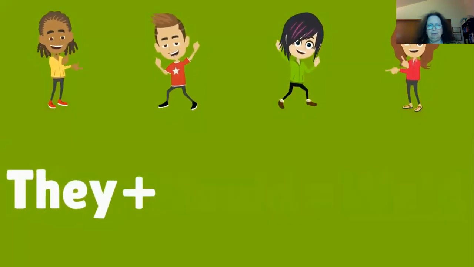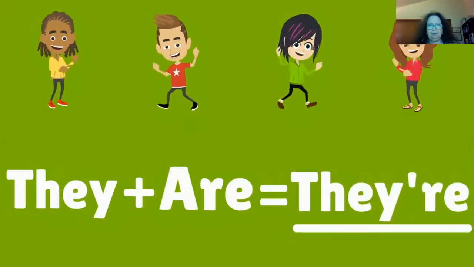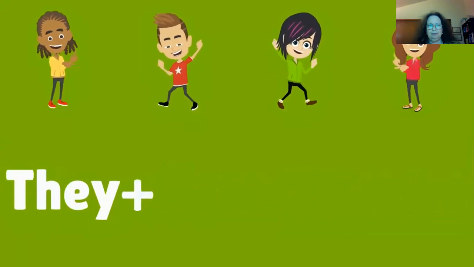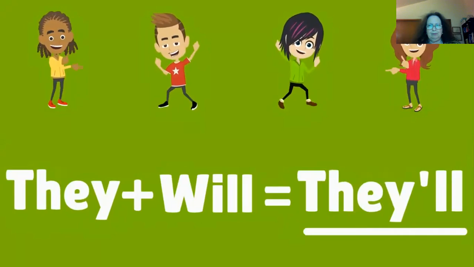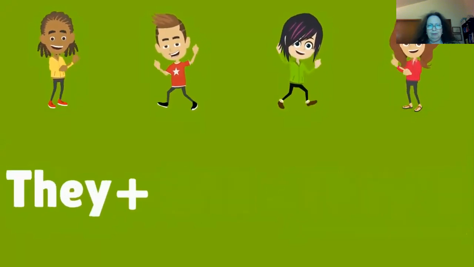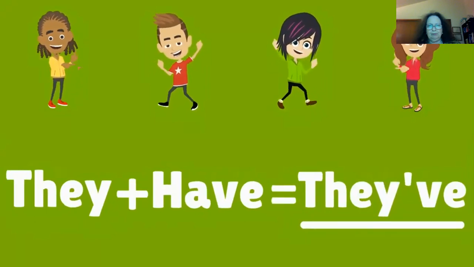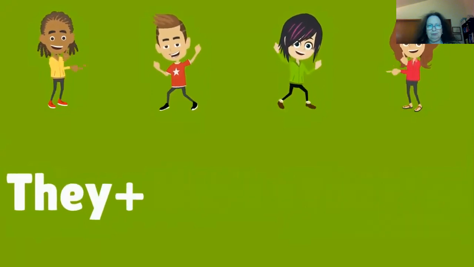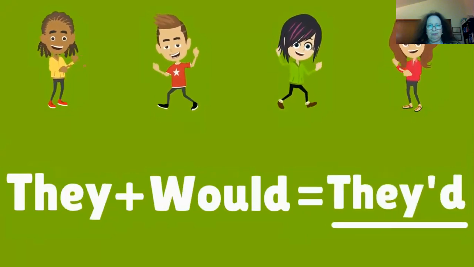They plus are equals there. They plus will equals they'll. They plus have equals they've. They plus would equals they'd.